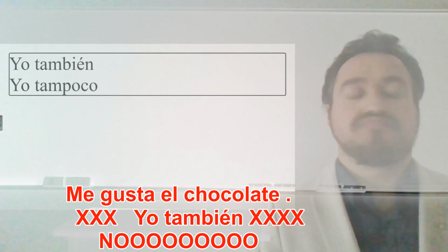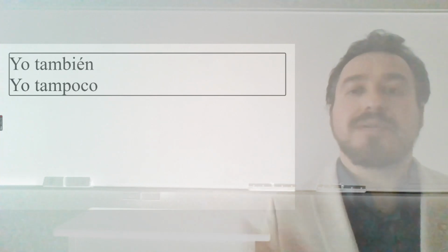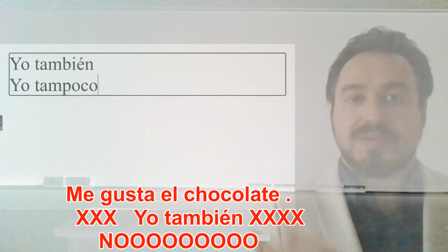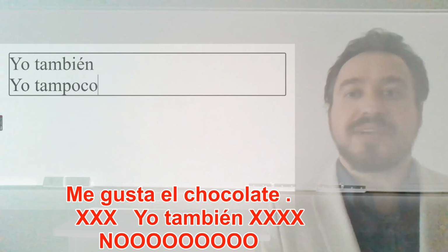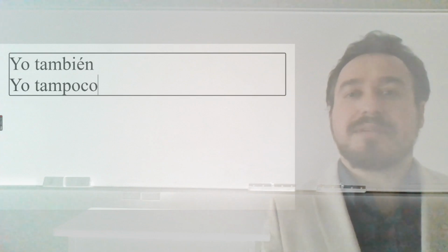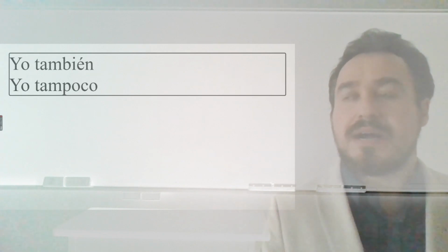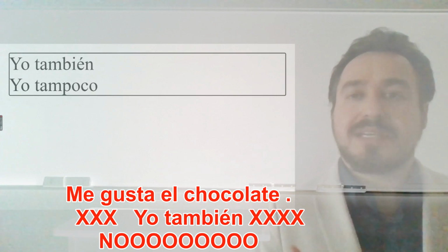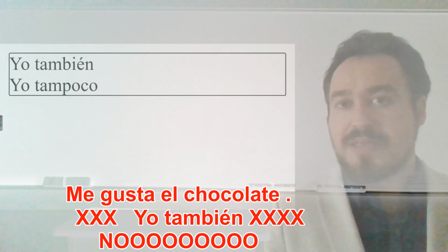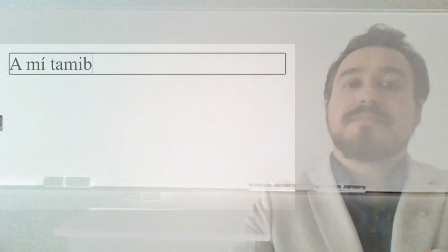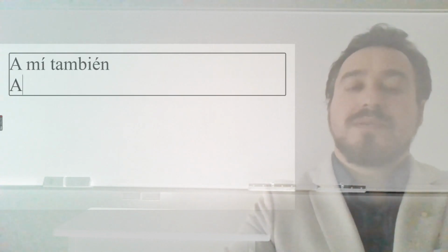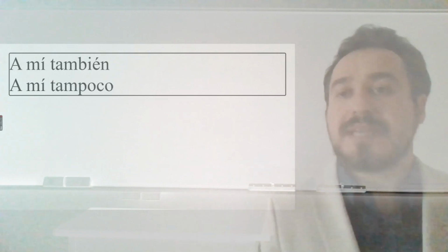Yo también, correct. I don't speak Russian. Yo tampoco, me neither, correct. No problem here. The problem is when you use these two expressions when you answer sentences like me gusta el chocolate. It is incorrect to say yo también, yo tampoco. We have to say a mí también o a mí tampoco instead.